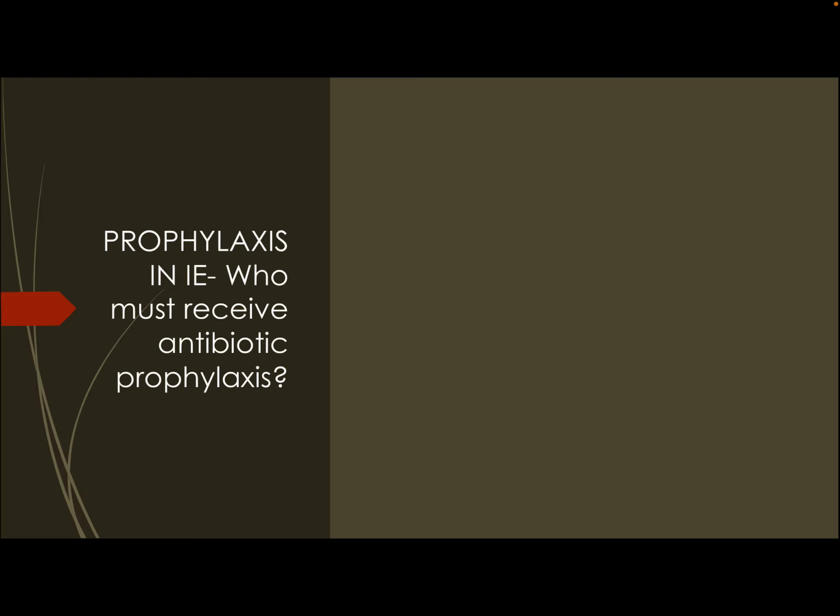Now coming to the prophylaxis in infective endocarditis. Now to prevent an IE, what must the prophylaxis be and who should receive this antibiotic prophylaxis? So patients undergoing dental extraction, this is important, dental extraction, but only along with the following features must receive prophylaxis.